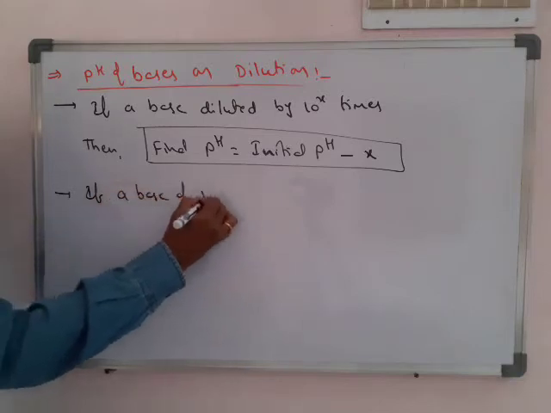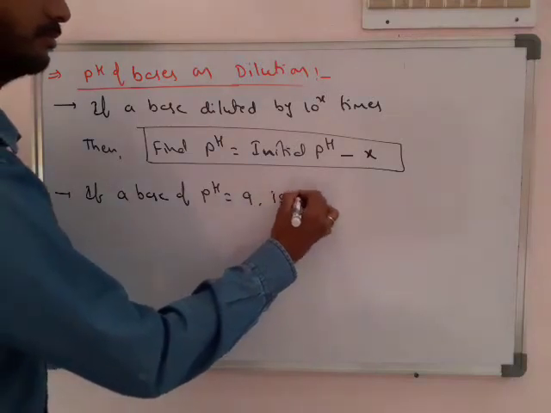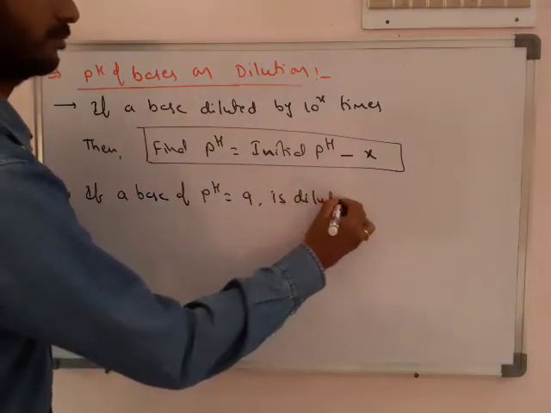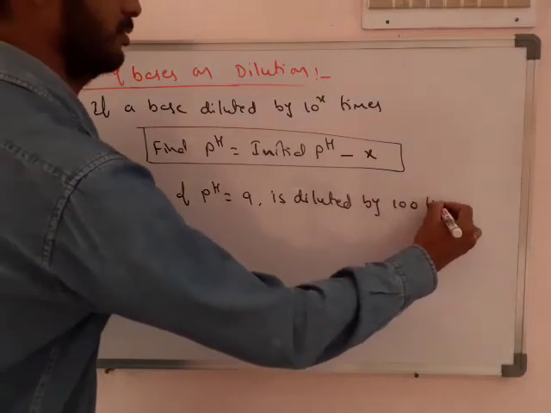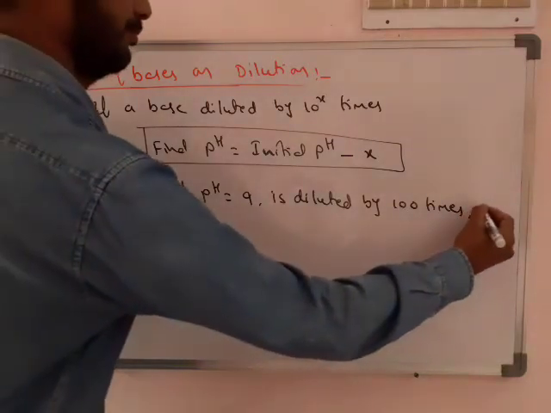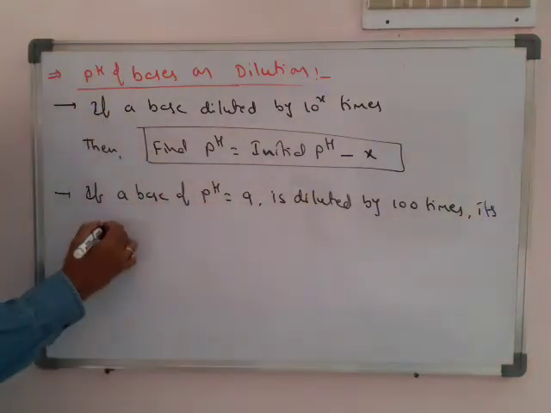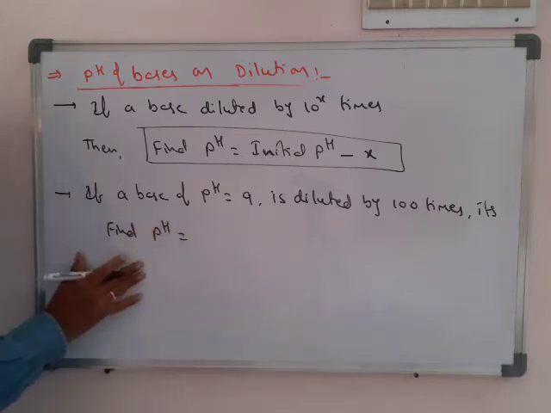For example, if a base of pH equal to 10 is diluted by 100 times, then what is the final pH? Final pH means the pH after dilution.